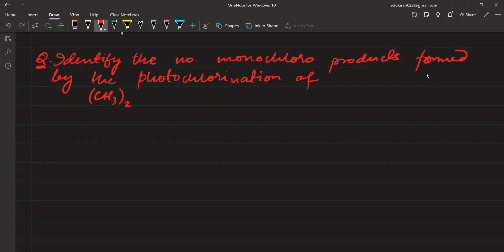Then you write CH, CH2, CH3, CH, CH2, CH3. Can both of you make the structure of this one and tell me how many monochloro? You just need to predict how many different carbon atoms are there. जितने अलग-अलग carbon atoms होंगे, जितने different types के carbon atoms होंगे, you will get that many monochloro products. First of all, try making the structure.